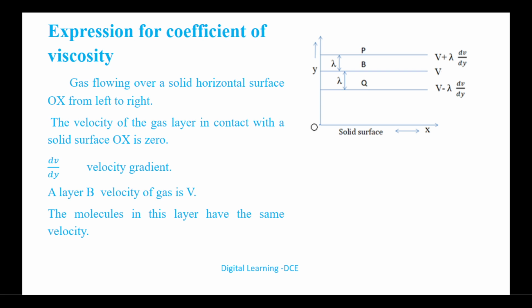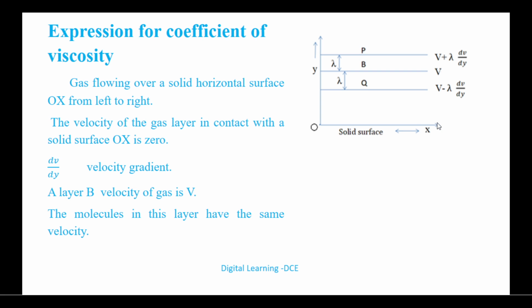For that, let us consider a gas which is flowing over a solid horizontal surface. Here, OX represents the solid surface and the gas flows over this solid surface.